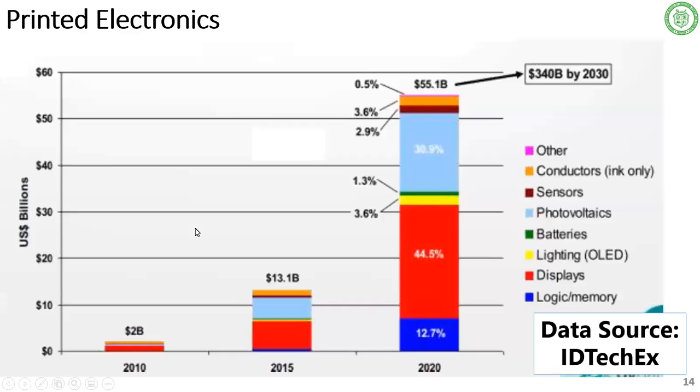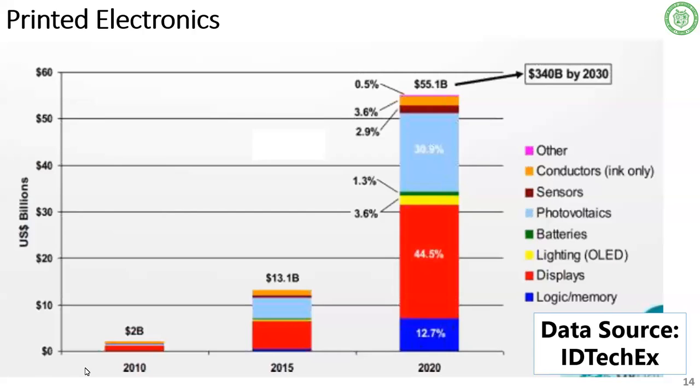Now, why is printed electronics technology very popular? If you see, this is data from IDTechEx, an independent company that forecasts the market of emerging technologies, and they also do it for printed electronics.